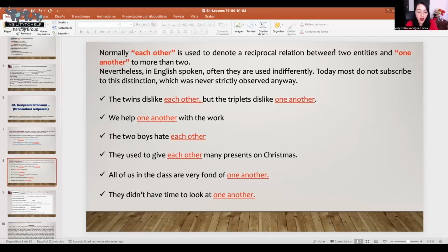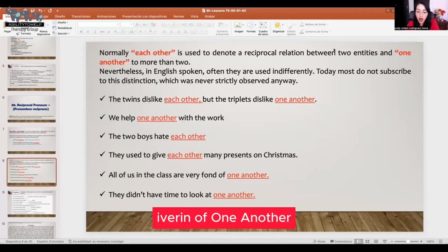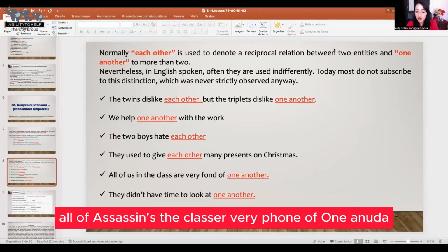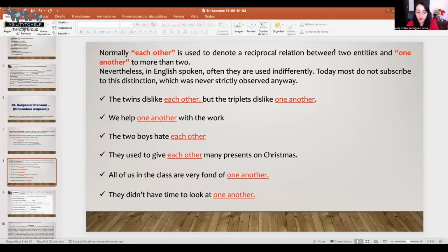Now, all of us in the class are very fond of one another, because we are talking about many people, all of us in the class. In the class, there are more than two people, so that's why I have to say one another. All of us in the class are very fond of one another.